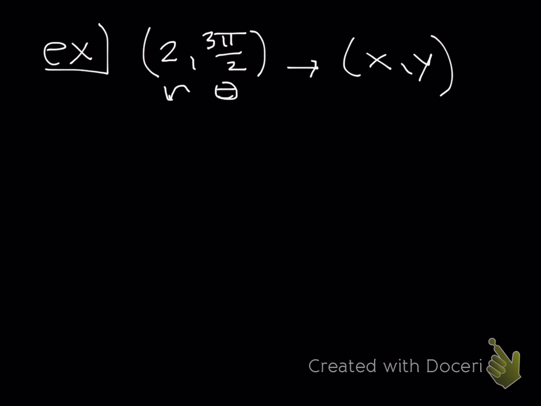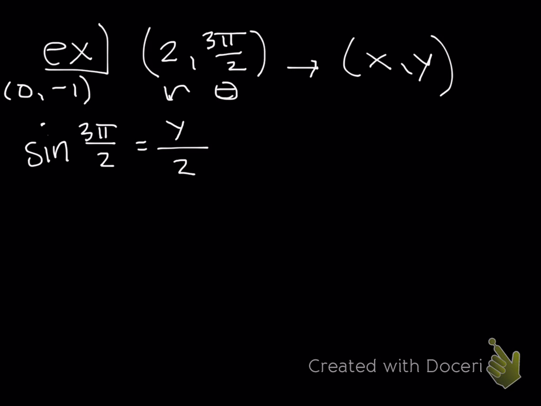So if I use those two formulas, I'll have sine of 3 pi over 2 equals y over my r value of 2. And over here, 3 pi over 2 we know goes straight down, so the coordinate is 0, negative 1.